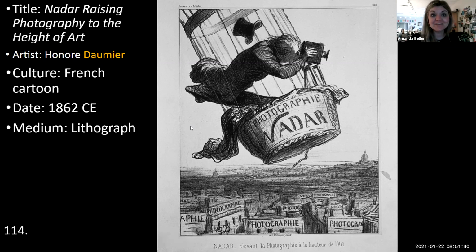Now, this is also a true story, a true event. So Nadar was kind of like the Mad Hatter, crazy scientist of this time period. And he would get in a hot air balloon and float over Paris, taking photographs of the streets of Paris from his little makeshift darkroom that he's created in this hot air balloon.